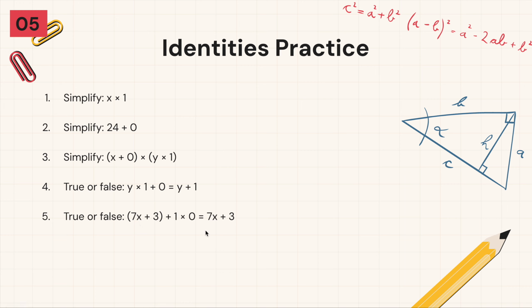This you can see is 1 times 0, which is just equivalent to 0, and then parentheses 7x plus 3 plus 0, you can see this is an additive identity. So parentheses 7x plus 3 plus 0 is just equivalent to 7x plus 3. And you can see 7x plus 3 is equal to 7x plus 3. So this equation is true.